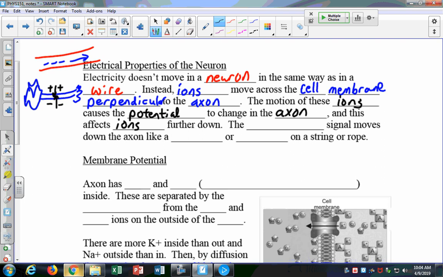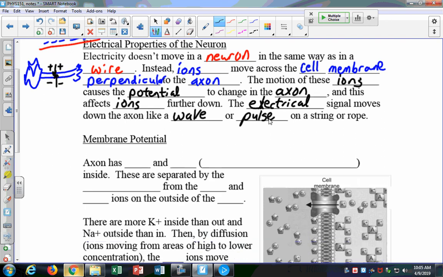And the electrical signal moves down the axon like a wave or pulse on a string. Like with the ropes, right? You do the ropes, and you send these big pulses down. It's sort of like that, where you have this pulse of energy, or this pulse of electricity that moves down the axon.